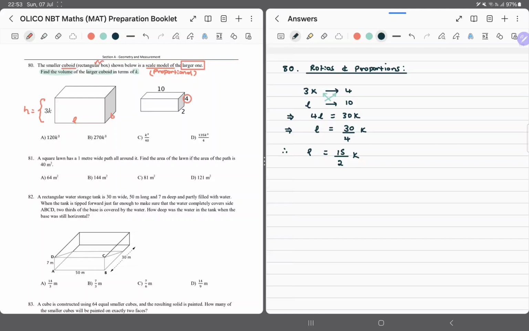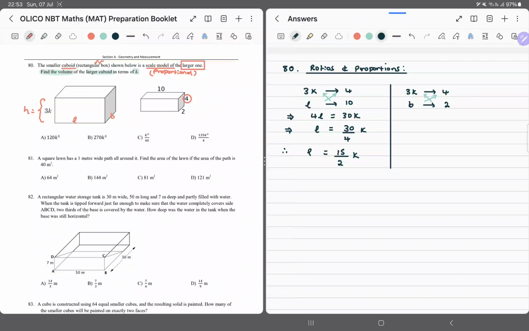So this is our length in terms of K, using our ratios and proportion, because we know these things are proportional. Again, using the same knowledge that 3K is to 4 units. Now we want to find the breadth. So that means the breadth is to that proportion there, which is 2 units. Again, we create an equation by cross multiplying here.